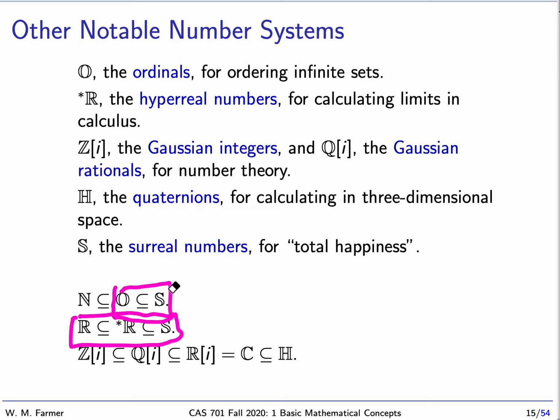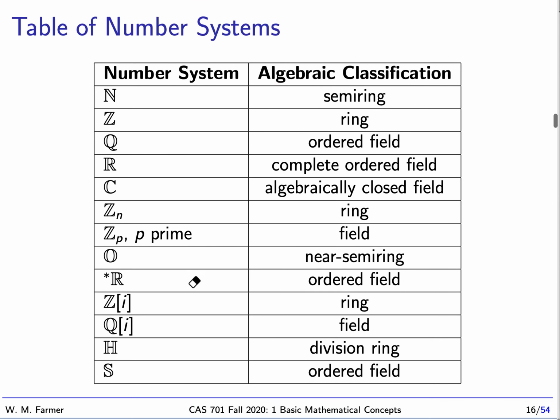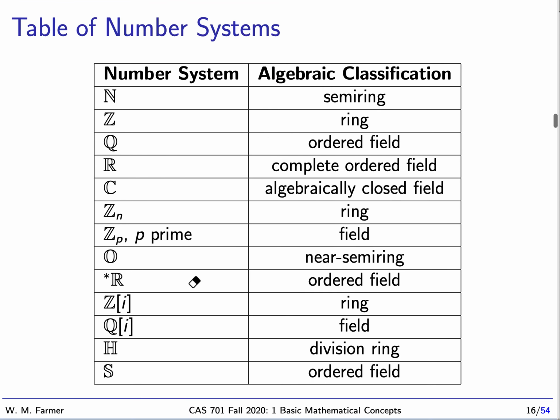Okay, so what we're going to do is show you a table of number systems. These are the well-known systems and the other systems I mentioned. So here's the table of all the systems I mentioned. You can see we have classified them according to what kind of algebraic structures they are.